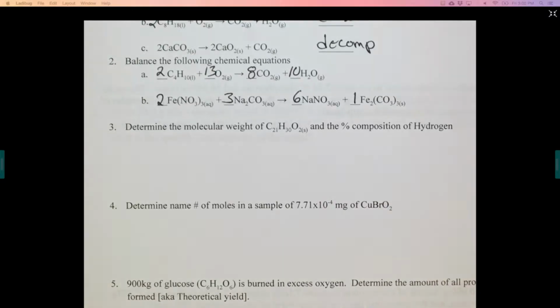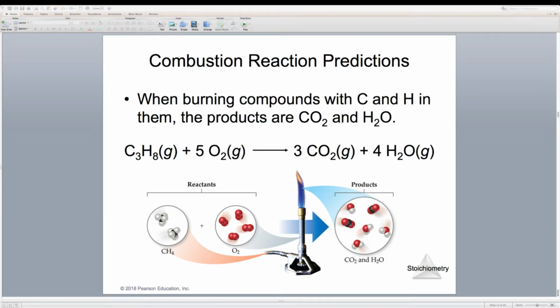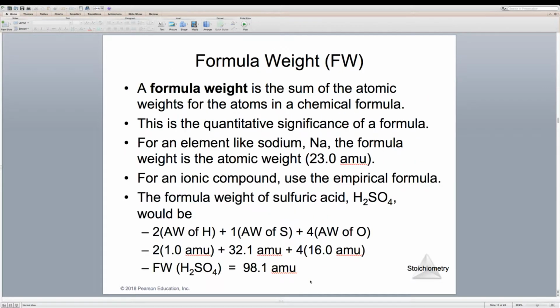Okay, so now if we go back to the slides, formula weight. So when we're talking about formula weight, we're kind of switching gears because now we're talking about the chemical formula itself, whether we're dealing with an element or a compound. The formula weight is the sum of the atomic weights in the chemical formula. So we're talking about atomic weights.